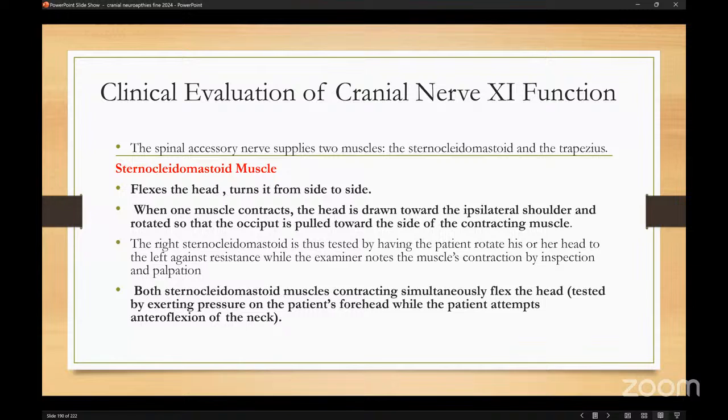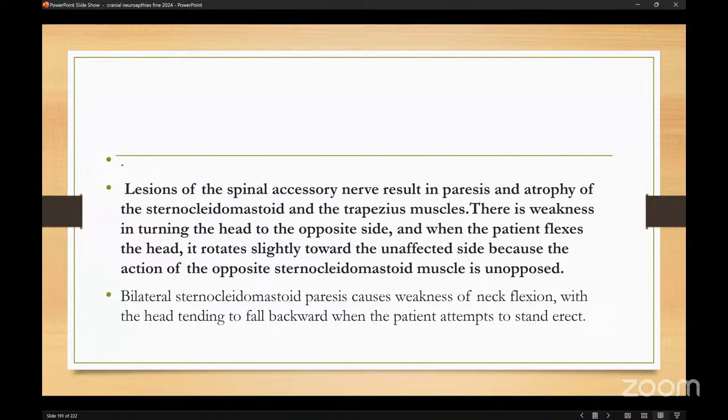So everybody is aware how to check the sternocleidomastoid. Both sternocleidomastoids flex the head, and one sternocleidomastoid, on the right side, rotates the head to the opposite side. The face deviates to the left side and the occiput is on the right side. Okay, and both trapezius muscles retract or extend the head.